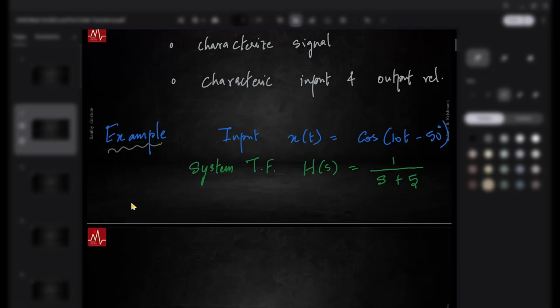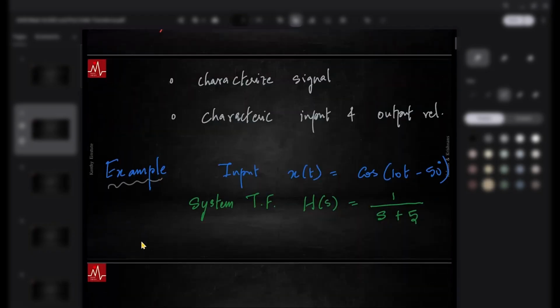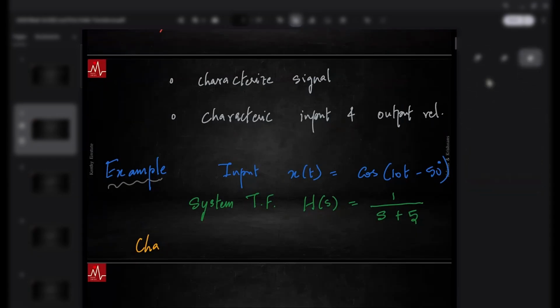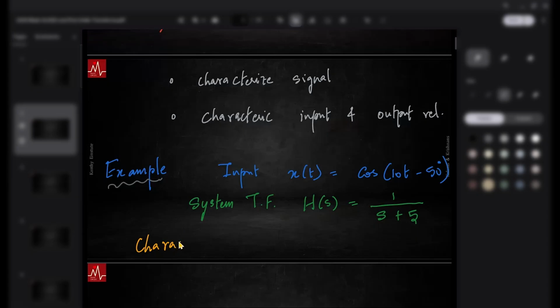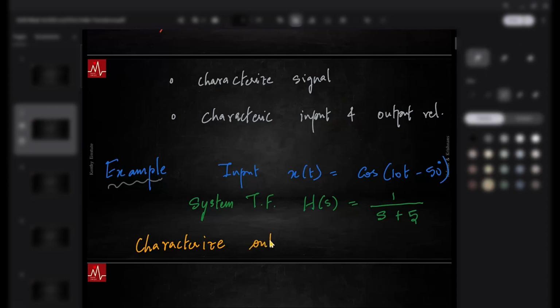Question is, we're saying you can characterize relationship between input and output. Characterize output y of t.